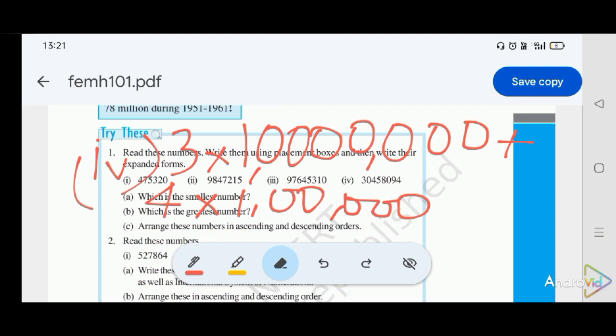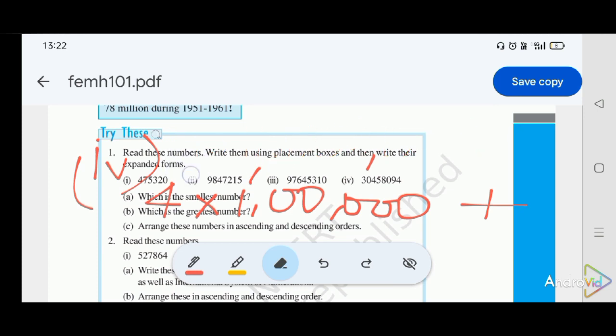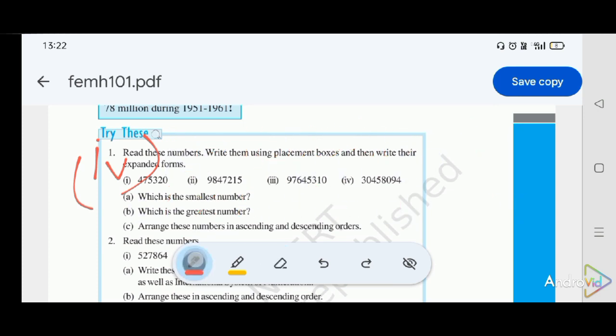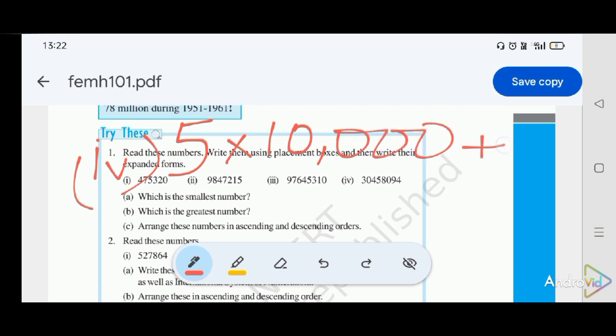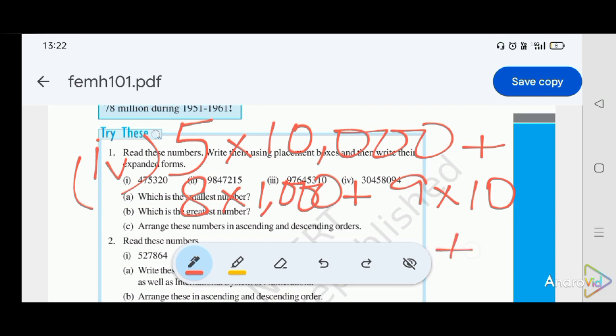The number expansion would be 3 into 1 crore plus 4 into 1 lakh plus 5 into 10,000 plus 8 into 1,000 plus 9 into 10 plus 4.